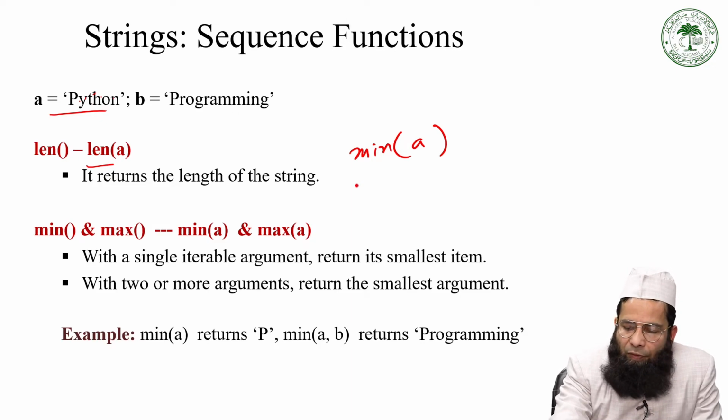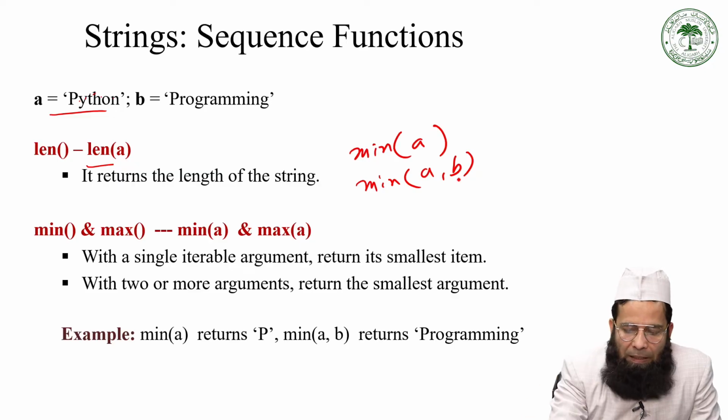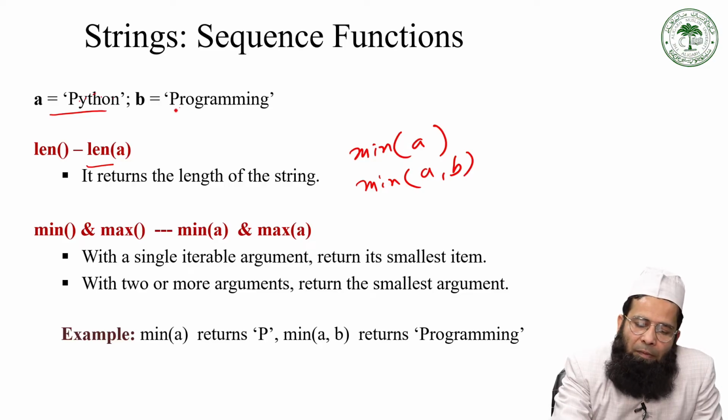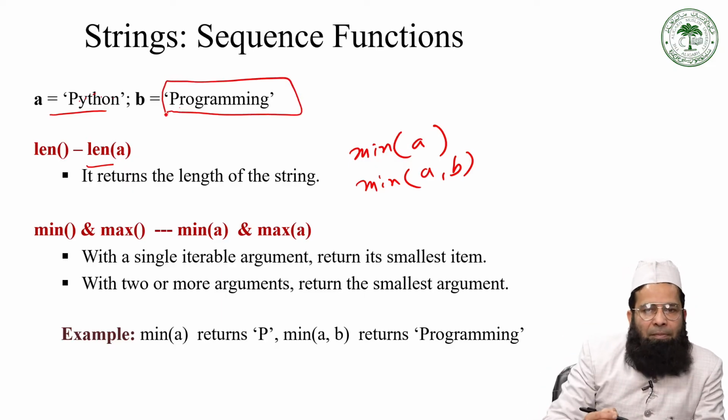Similarly, if I am writing min(A, B), it will give me the minimum word from A and B. The minimum word will be decided by P, Y, R, so it will give me programming in this case, right? So it will give me the minimum word.